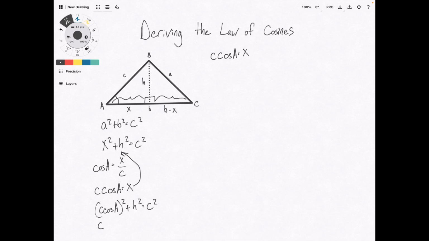We'll multiply this out. Now what we want to do is get this value in isolation.